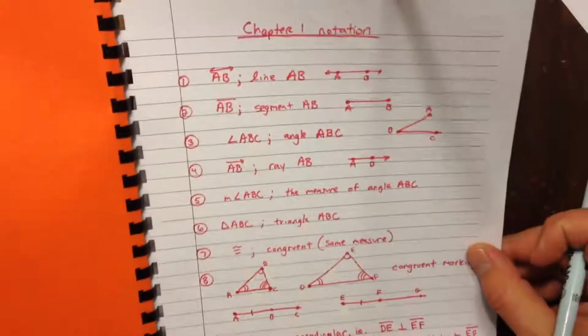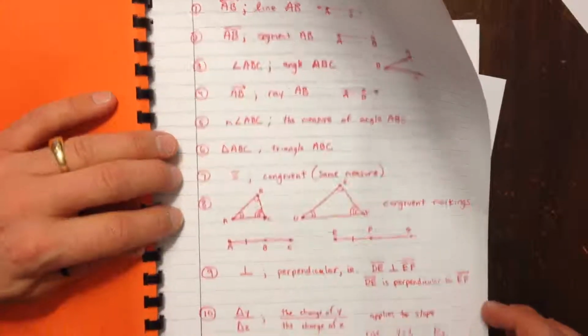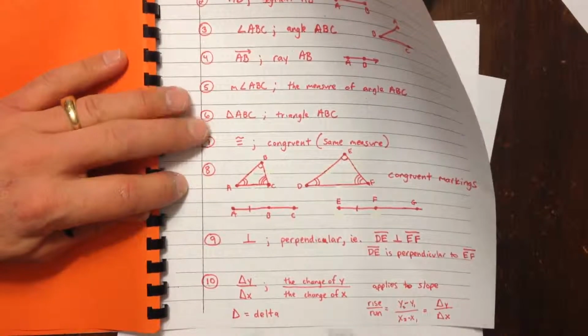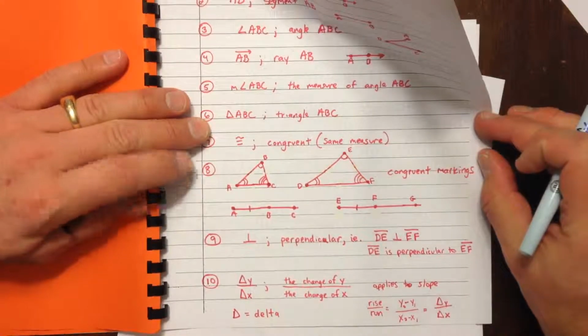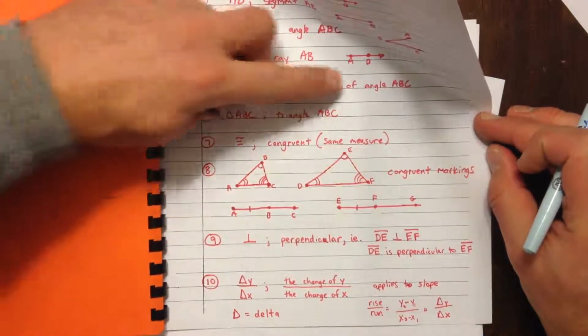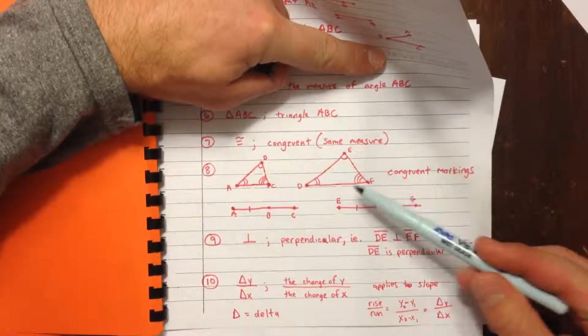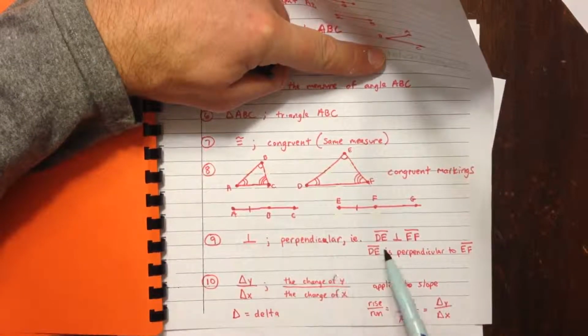Oh, I guess we do have that. I'm not sure exactly where we stopped before, but number 9, if you don't have 8, write down 8, congruent markings. Number 9, we wrote down perpendicular.